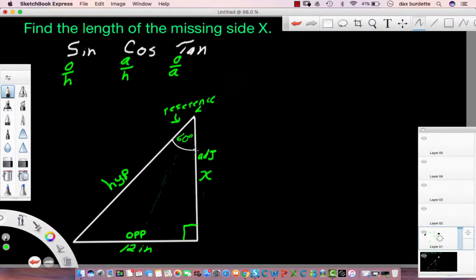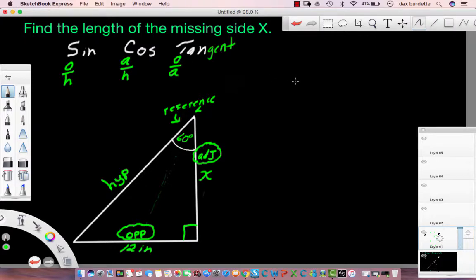So the adjacent side, we're going to need that side. And the side that we do have, which is 12 inches, we're going to have to utilize that. We don't have the hypotenuse. There's no number there, of course. So we're going to use the opposite side and the adjacent side in our problem. And when we refer to our 3 trig functions, the only one that contains opposite and adjacent is the tangent function. So we're going to utilize the tangent function.